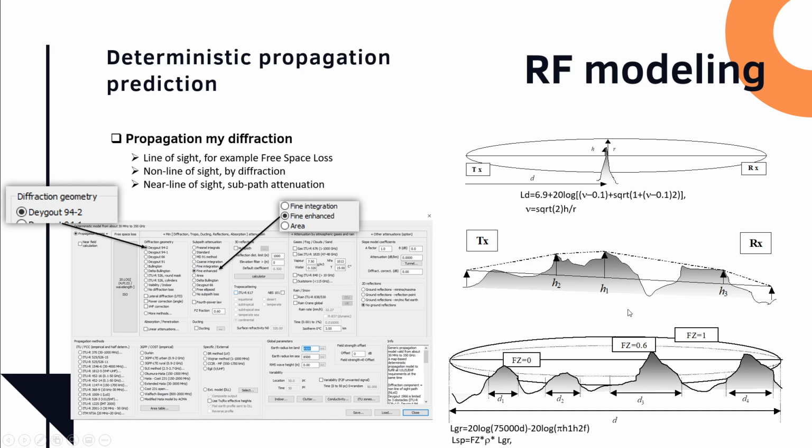The bottom line is that these propagation models are based on rules of physics, and they increase the confidence in the prediction because they rely on the environment itself. A more accurate model will produce more accurate predictions. And today, this kind of terrain or clutter data is widely available to everybody.